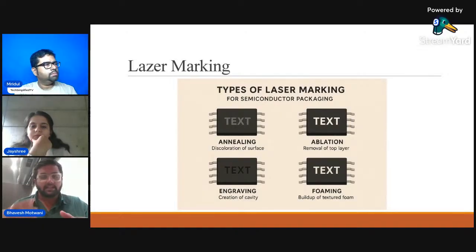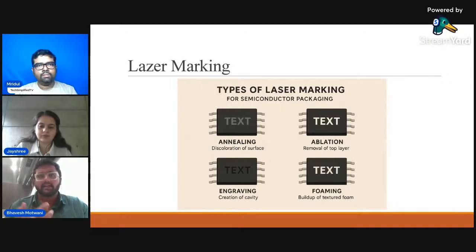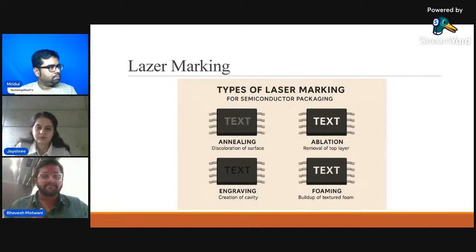And even text engraving is similar to laser ablation, but we'll just focus a very high beam laser, and then we'll make some sort of print, and it would be black only, because laser doesn't change the color. So it will be very highly focused. It has its cons, that it might damage the material inside if we use a very high focus beam, so the engraving can be a problem.